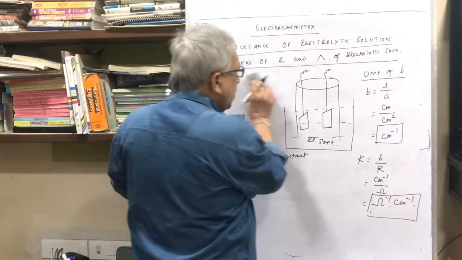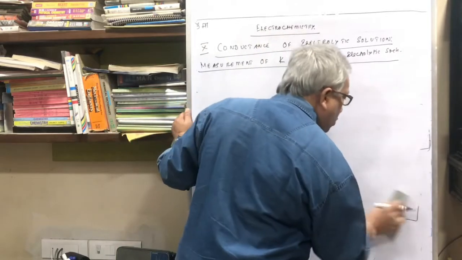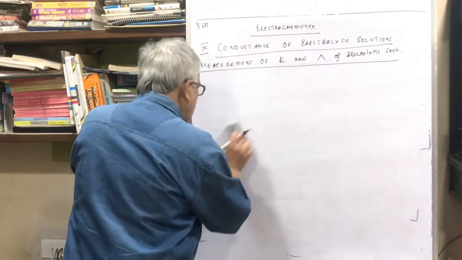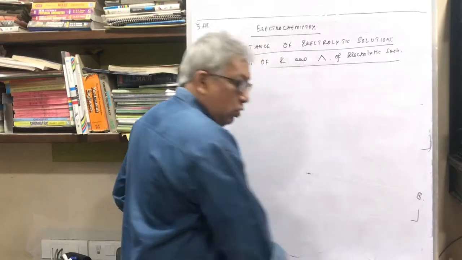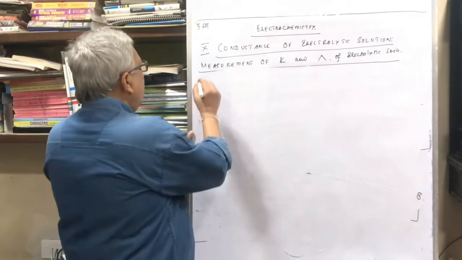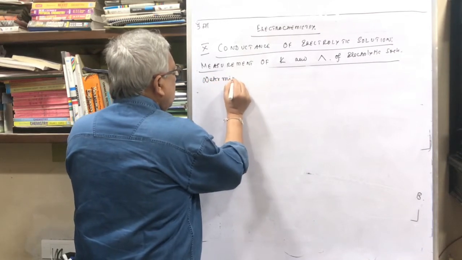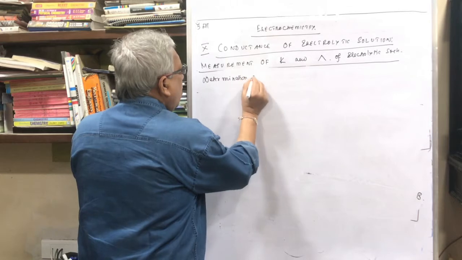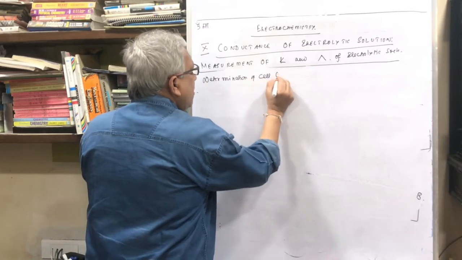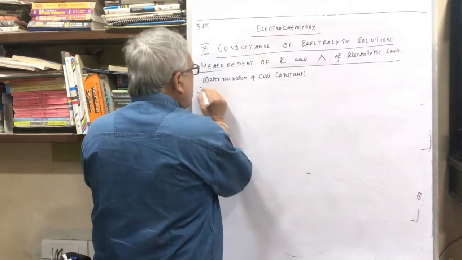So I am coming to the next part, and that is determination of cell constant. Children, now we find out the determination of cell constant, for which we use the Wheatstone bridge.